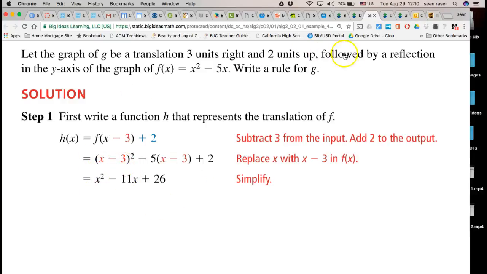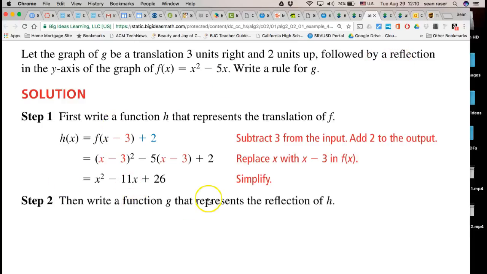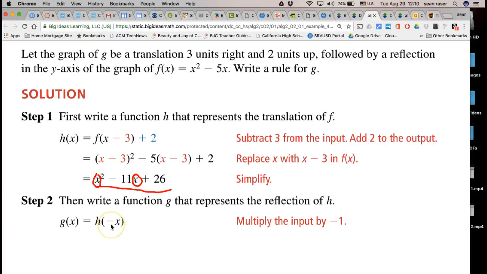Now we have to apply our last transformation, the reflection in the y-axis. Remember, a reflection in the y-axis means that we are taking the opposite of our input. So for our function g, we're going to take h, and everywhere we've got an x, we're going to replace it with a negative x.